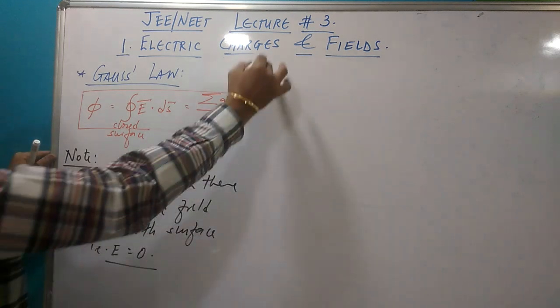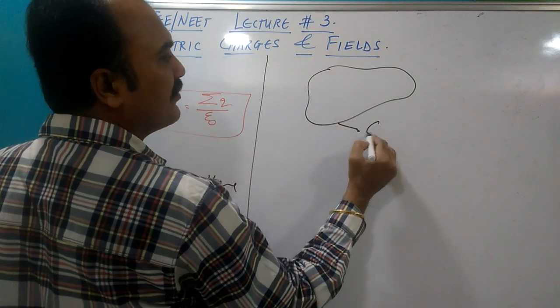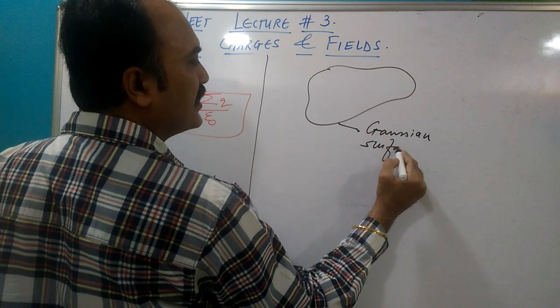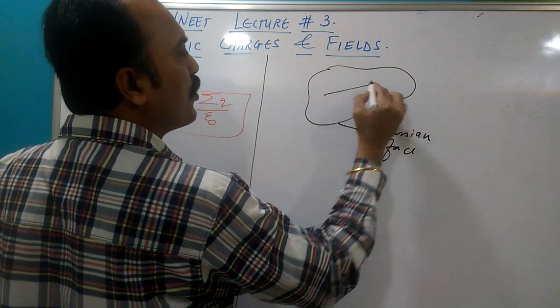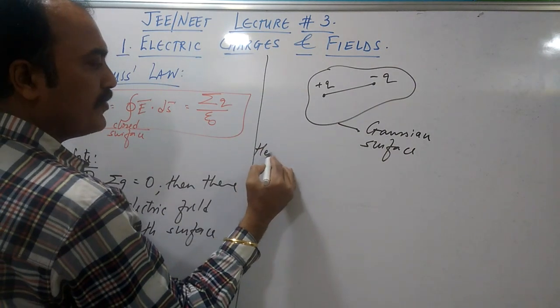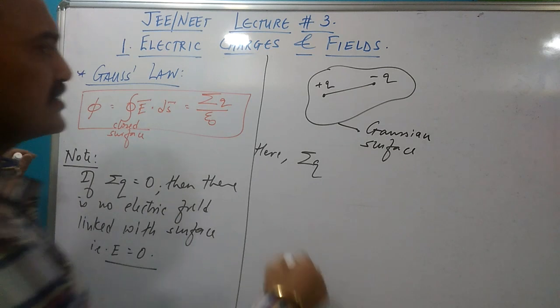If there is a dipole inside the surface, suppose this is the closed surface, such a closed surface is termed a Gaussian surface. And if I have a dipole, what would be sigma q? What will be the total sum of charges?